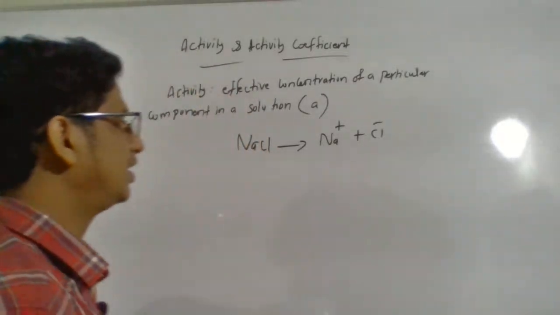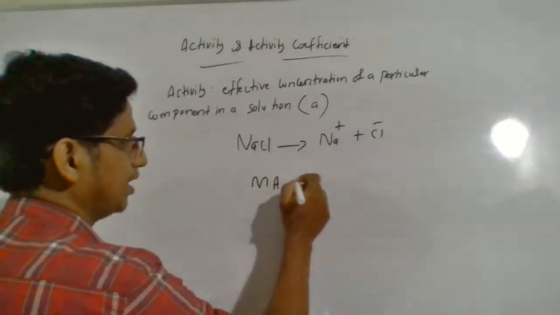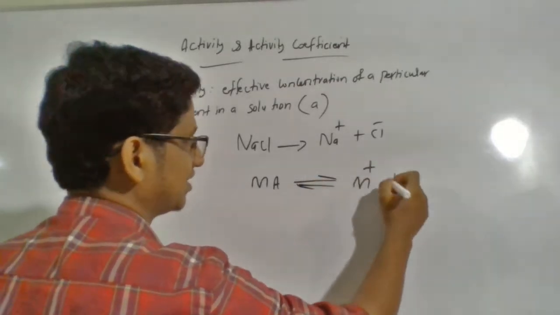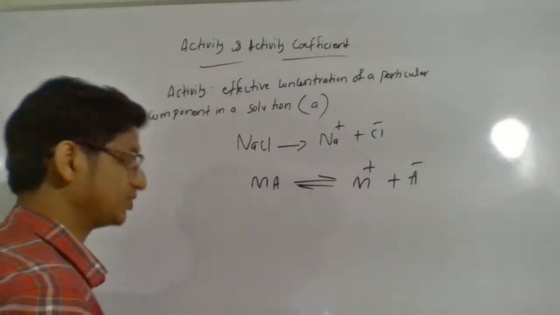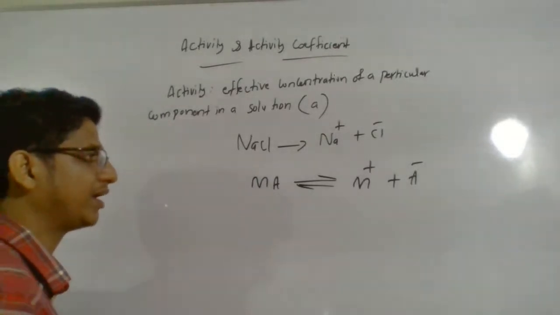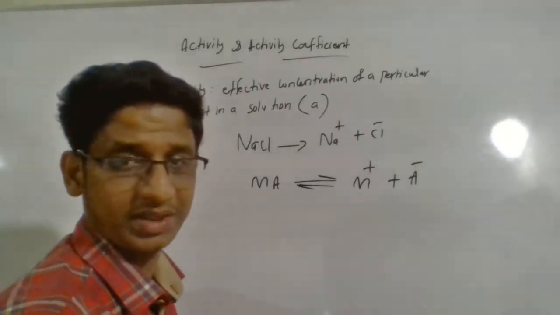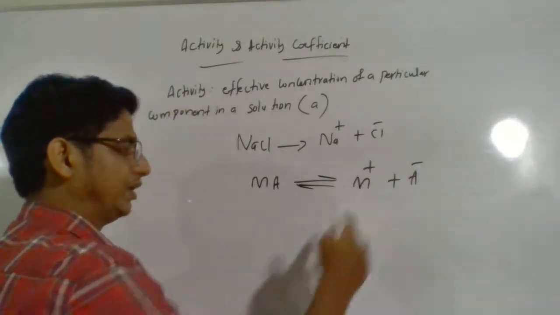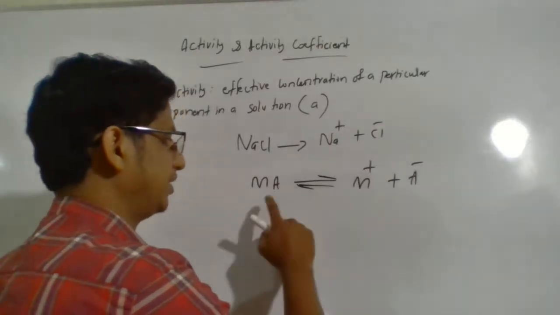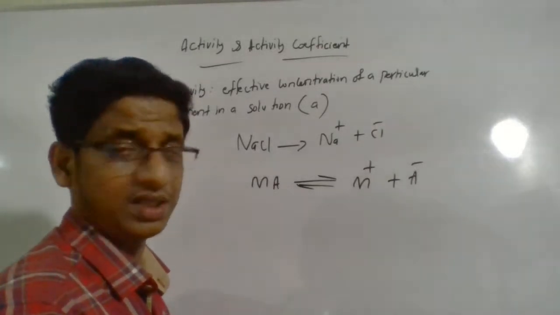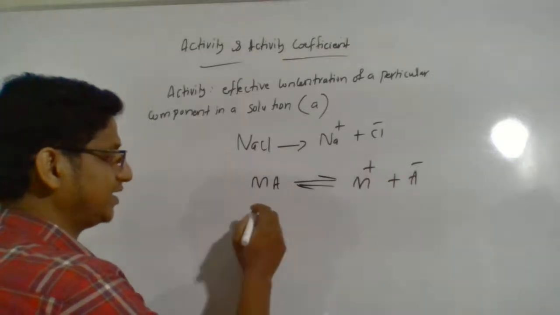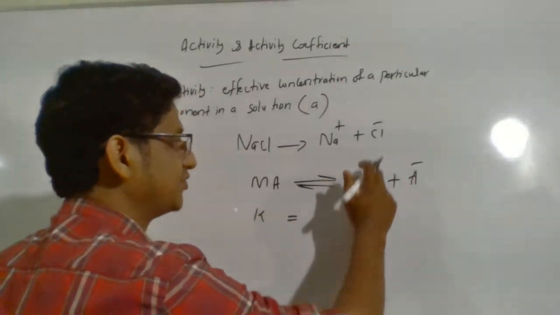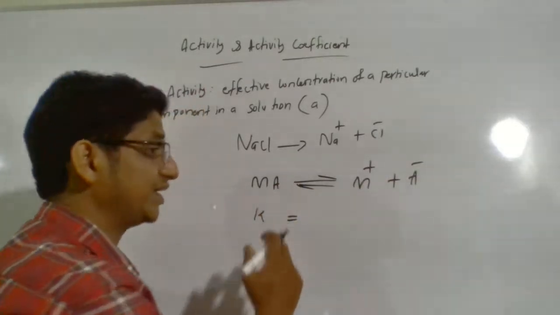Let us have an electrolyte MA, which exists in equilibrium as M plus and A minus. This is dissociation of a weak electrolyte like MA, which is dissociated into M plus and A minus, which are in equilibrium with each other. So the ionized form and the unionized electrolyte are in equilibrium. Now, how can you write the equilibrium constant? We usually write the concentration of M plus into the concentration of A minus divided by MA.